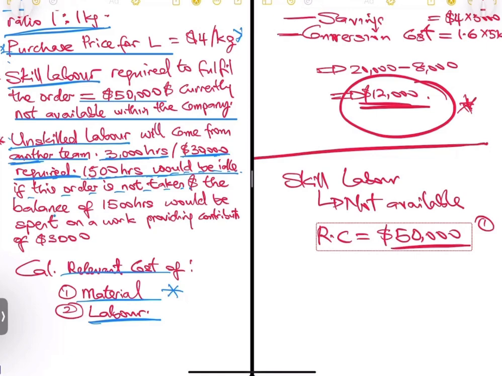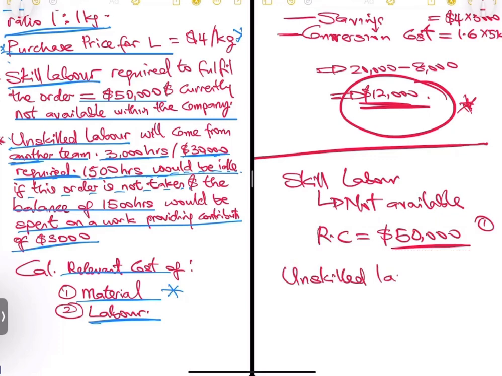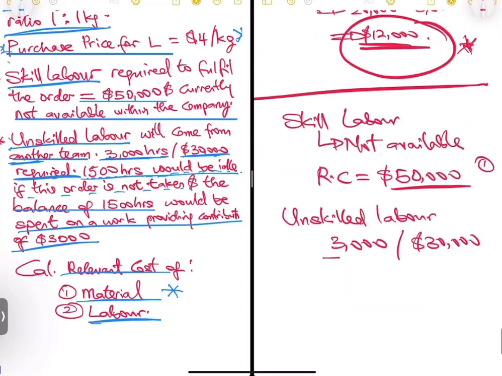Okay, so the balance of the 1,500 hours will be spent on work that's currently providing a contribution of $3,000. What do you think will be the relevant cost for the unskilled labor? This unskilled labor will need 3,000 hours, which is equivalent to $30,000. But remember, out of these 3,000 hours, there are 1,500 hours idle.